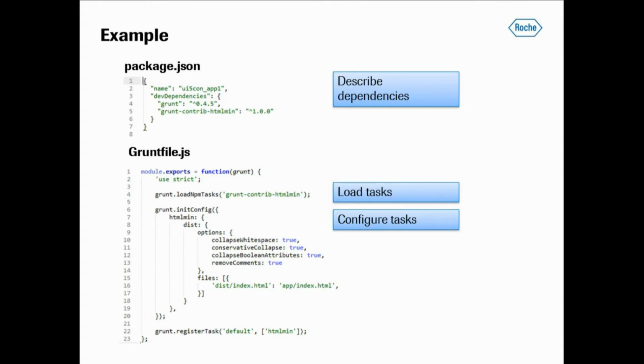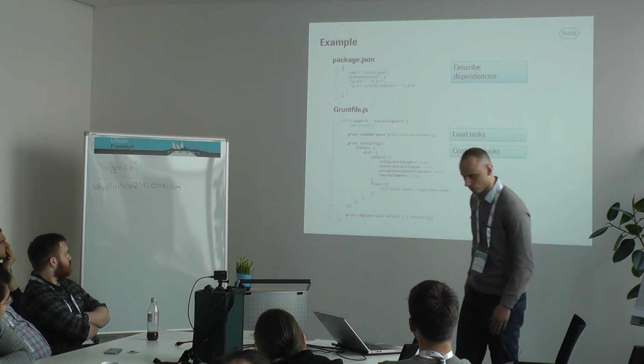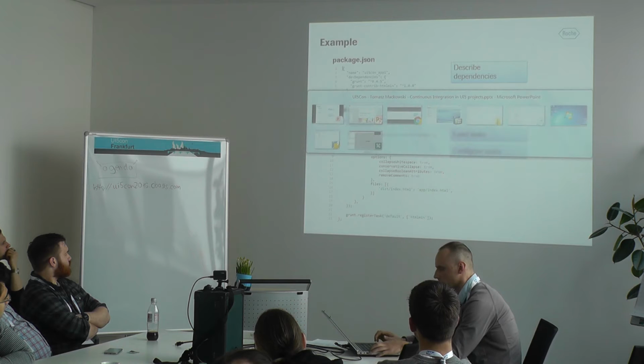In the Gruntfile, we load the plugins, configure the tasks, and then register them. Here we have just this HTML minification task, where each plugin has some configuration options. I can now show you a short live example. How does it work?